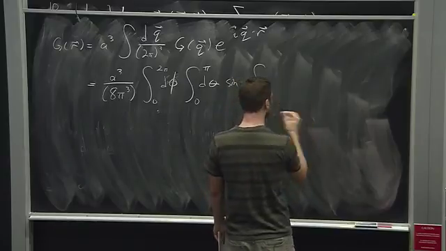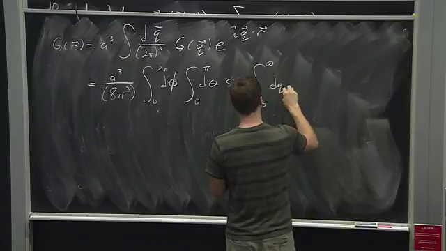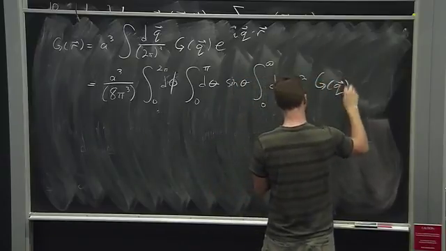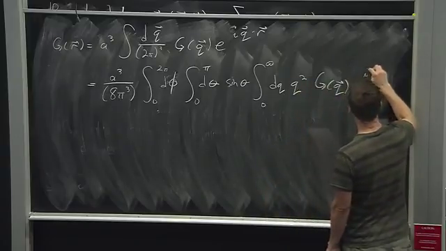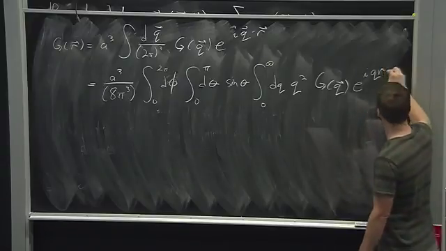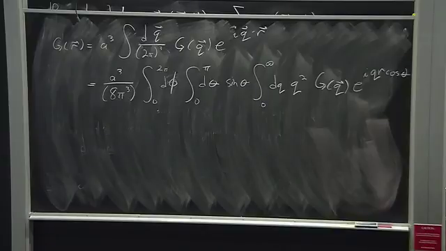And my radius goes from 0 to infinity, and there's a q squared from the Jacobian. And then q dot r in these coordinates is q r cos theta. Okay, pretty standard stuff.